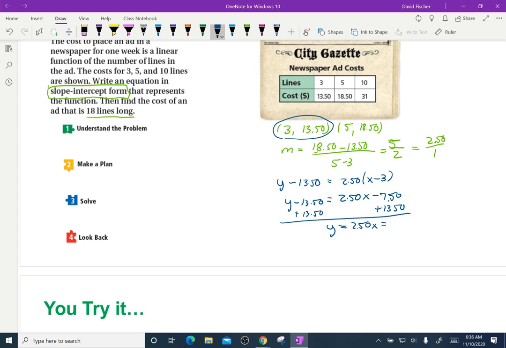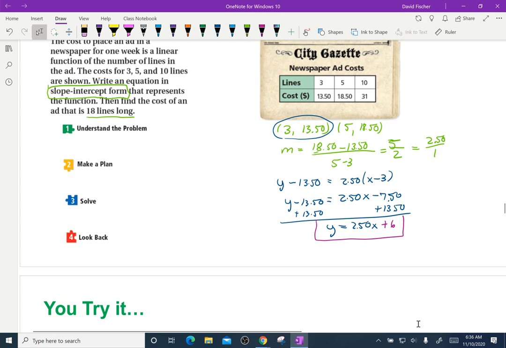And what do I get here? Oops, not an equal sign there. 1350 take away 750. 50s cancel out. 3, 6. I think it's a 6. So I'm pretty sure my math is right. So there's my equation in slope-intercept form.